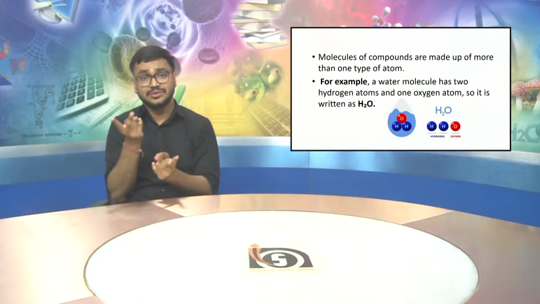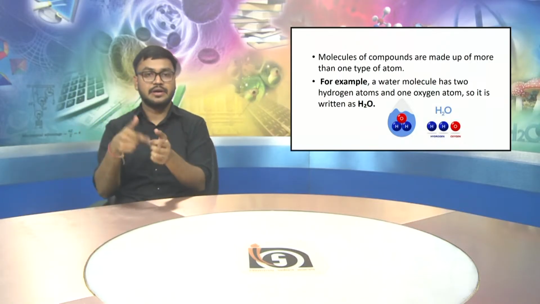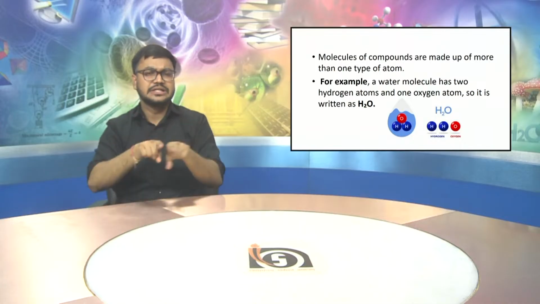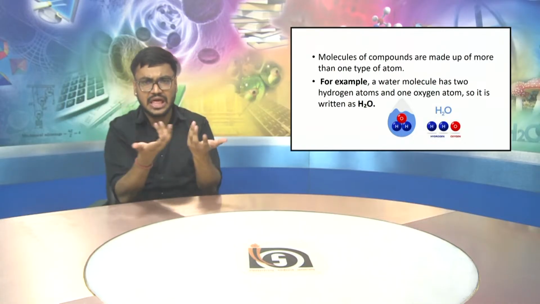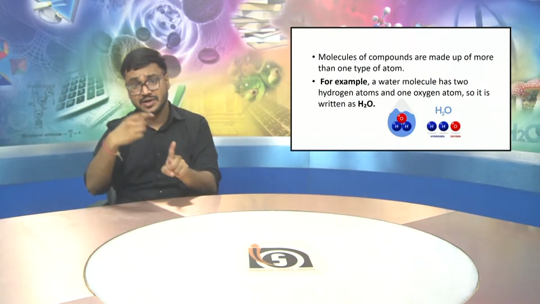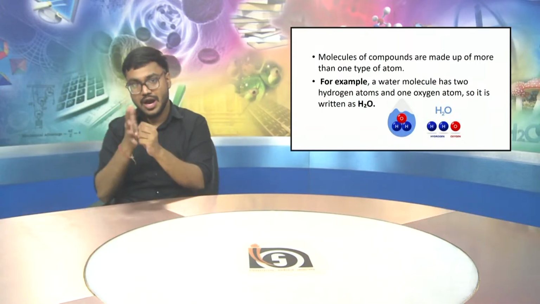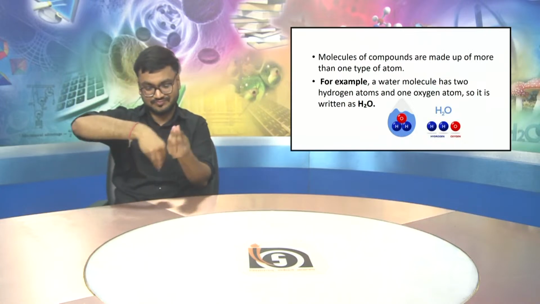Molecules of compounds are made up of more than one type of atom. For example, a water molecule has 2 hydrogen atoms and 1 oxygen atom, so it is written as H2O.